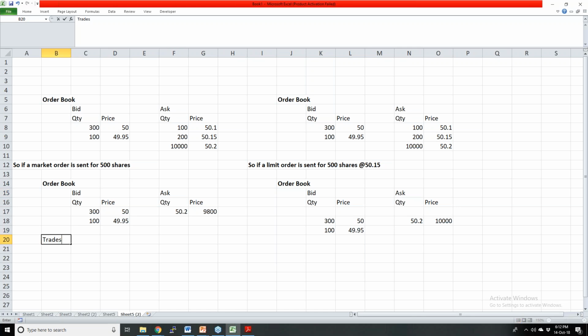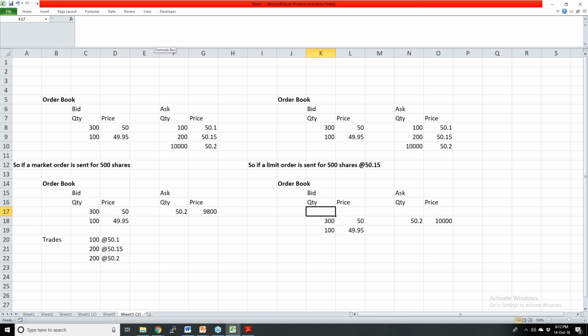so these would be the trades, right? Trades would happen 100 at 50.1, 200 at 50.15, and another 200 at 50.2.